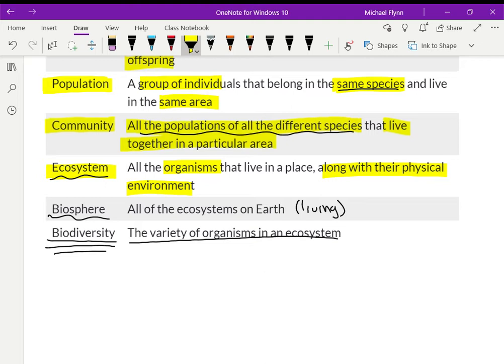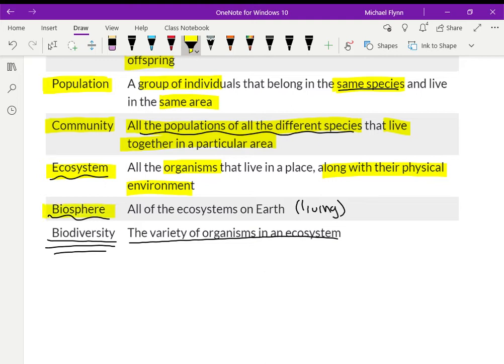It also includes various abiotic factors, like lakes and rivers and so on. We have an abundance of fresh water in this ecosystem. We also have certain weather patterns, four seasons, for example. These would be abiotic factors in our ecosystem.